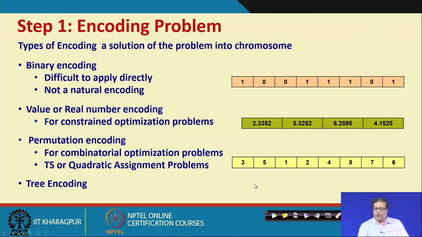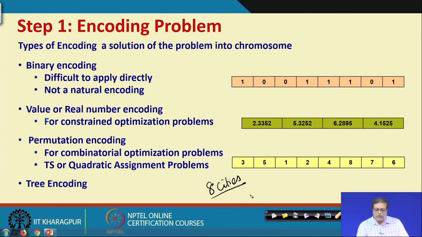You see this permutation encoding, this is an example. 35124876 could be a chromosome. Think of a traveling salesman problem. Say there are 8 cities, and a person has to go through all the cities exactly once before coming back to the city of origin.